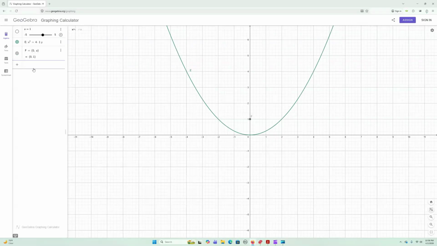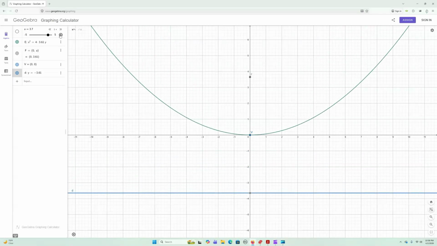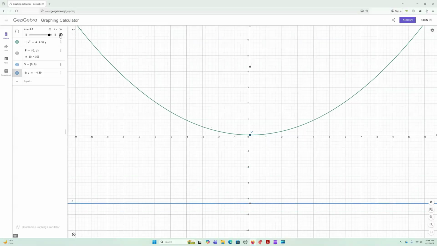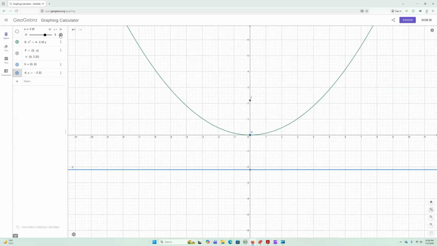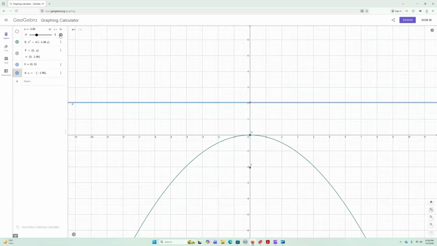The vertex remains at the origin, and the directrix is the line y equals negative a. So for positive values of a, the parabola opens upwards, and for negative values of a, the parabola opens downwards.